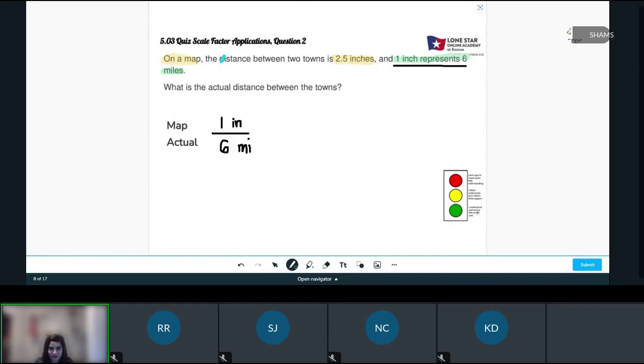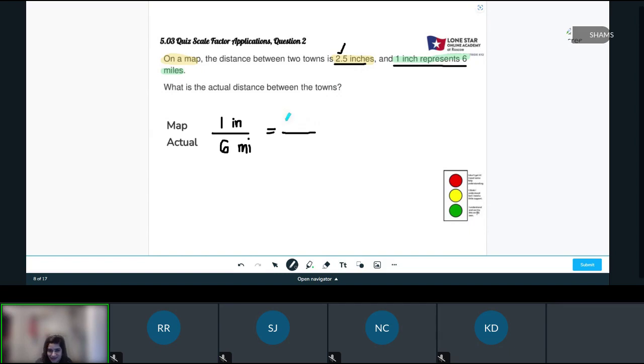Then on a map, the distance between two towns is 2.5 inches. And it is also in inches. So where do you think 2.5 will go? Will it go in the numerator or the denominator? On the map, the distance between two towns is 2.5 inches. Where will 2.5 go? Sean, it is in inches, right? 2.5 inches. Nina, on top.